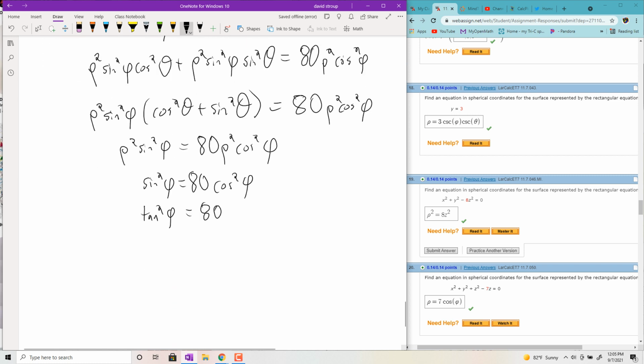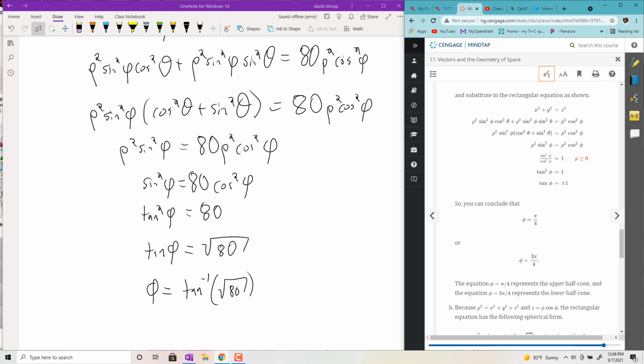Then take the square root on both sides, but don't even worry about the plus or minus issue. Just put square root of 80. And then take tan inverse on both sides. So you get phi equals tan inverse of the square root of 80. That should be good enough for your answer here.